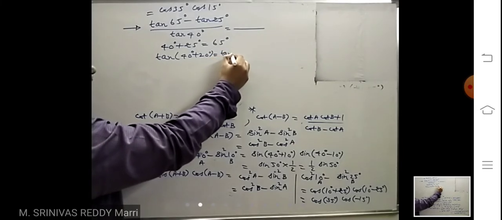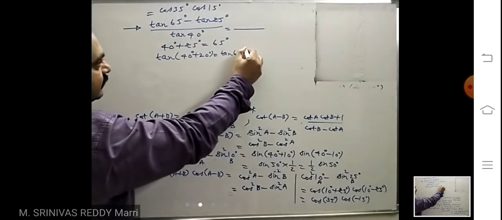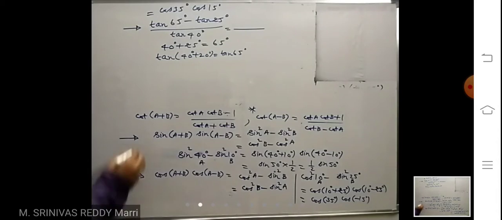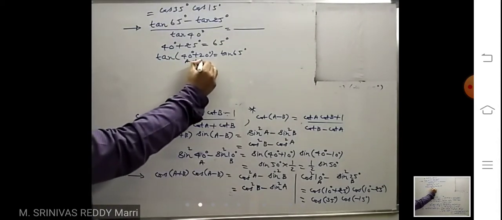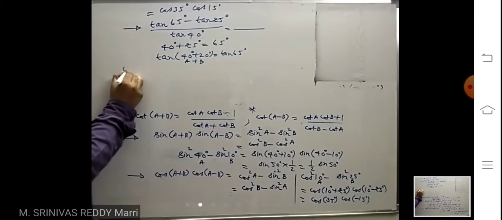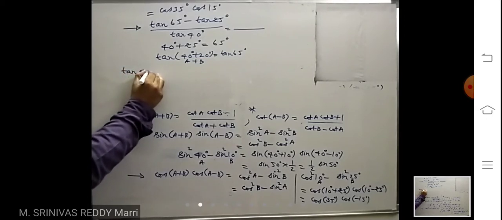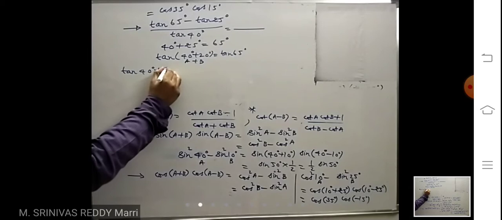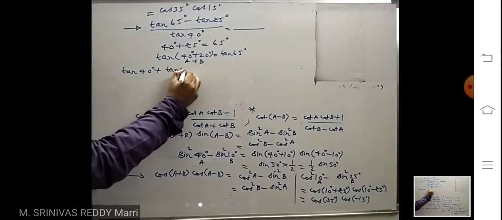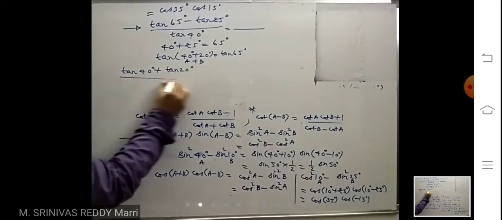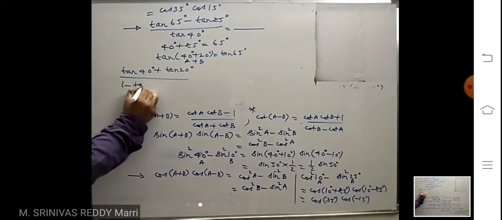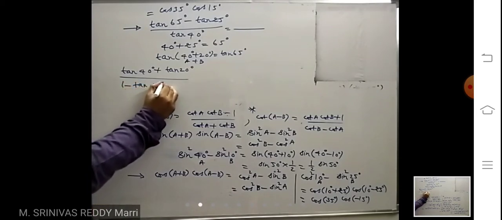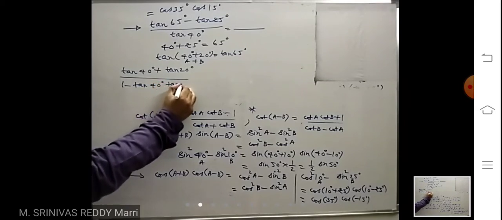Tan 40 plus 25 equal to tan 65 degree. Now write tan of A plus B: tan A plus tan B divided by 1 minus tan A tan B. Formula.